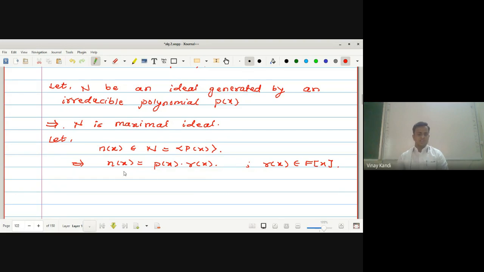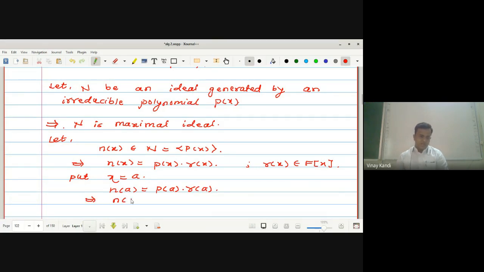Okay, this is the definition of generated. If an ideal is generated by a polynomial, then any element of that ideal is in the form of P of x into r of x. Okay, so put x is equal to a. So we get n of a is equal to P of a into r of a.